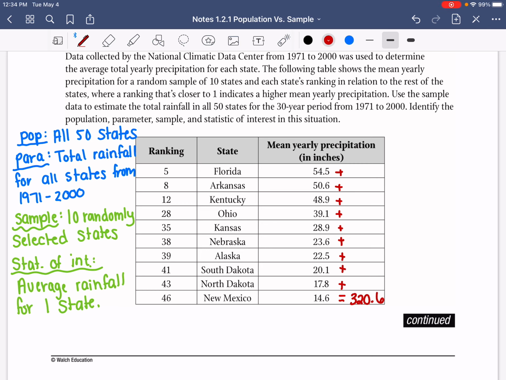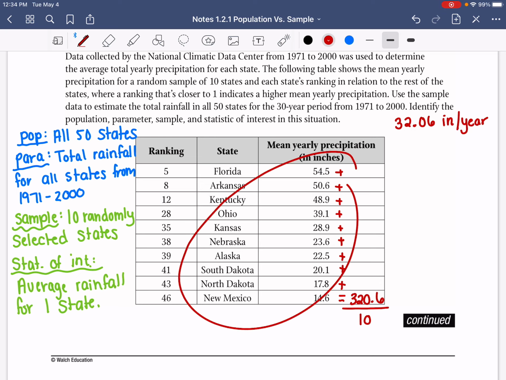So we add them all up, and then we divide by how many states? There's 10 states. So that means that on average, it's about 32.06 inches per year. Okay, so we average them together. Some are going to get more than that, some are going to get less than that, but on average, 32.06 inches per year.